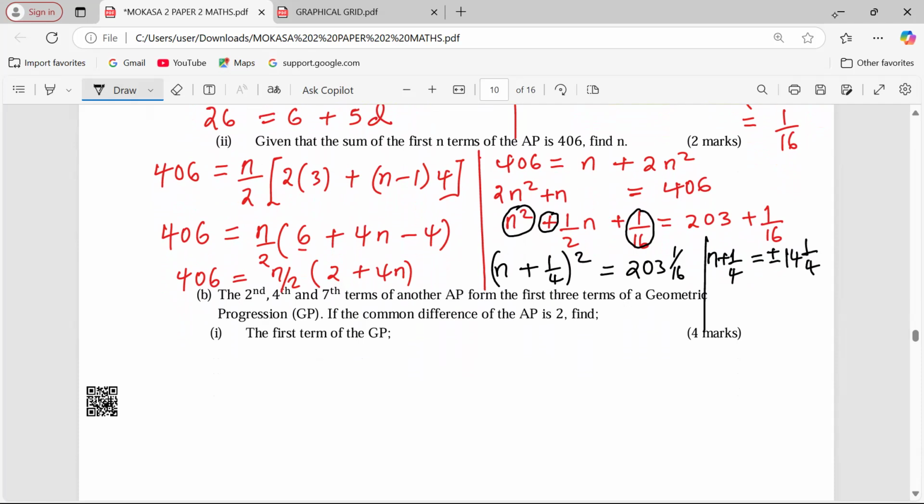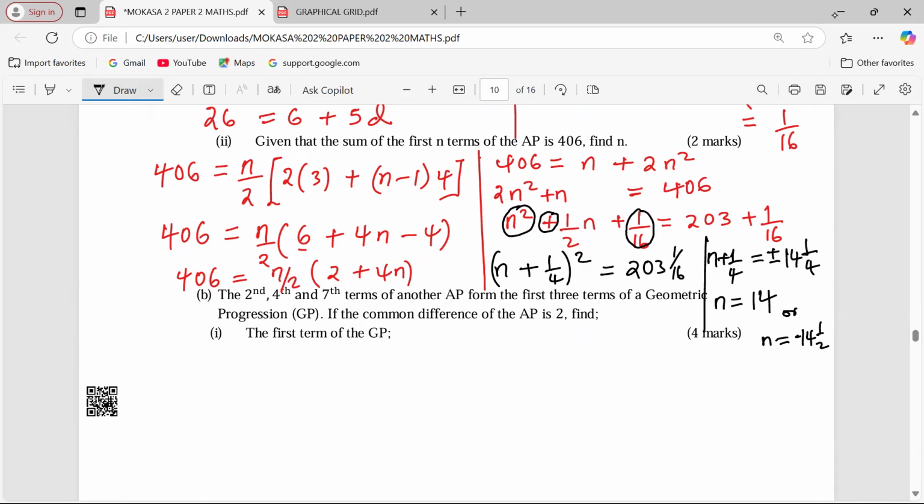Therefore, for me to remain with n, I have to use the first option on the square root, which is 14 and a quarter minus a quarter, and I get exactly 14, or n equals to negative 14 and a quarter, and I subtract a quarter, I'll get negative 14 and a half.